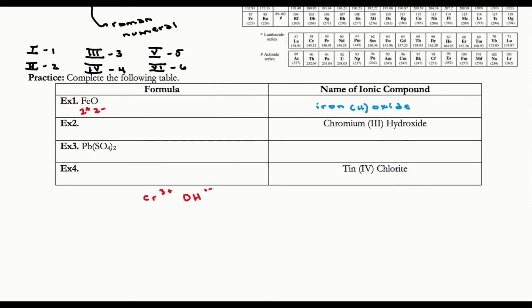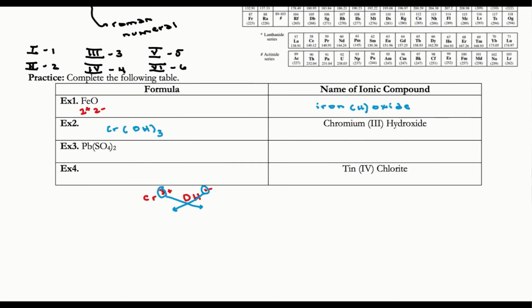You can look that up in your table. So I'm going to cross my charges. And so the formula for this is going to be Cr(OH)3, because remember, if I have more than 1 polyatomic ion, I've got to put it in parentheses.